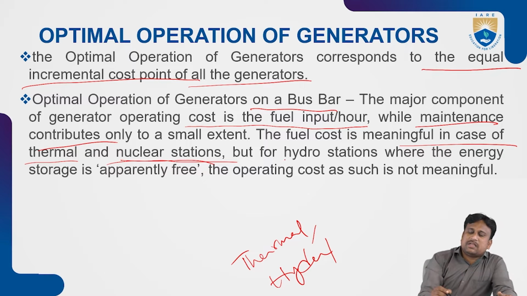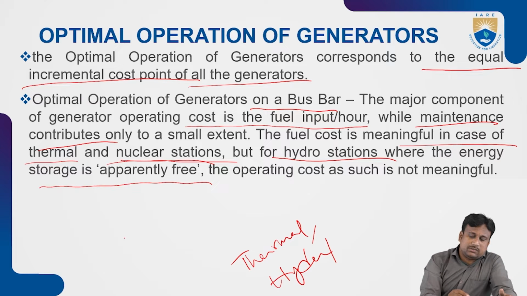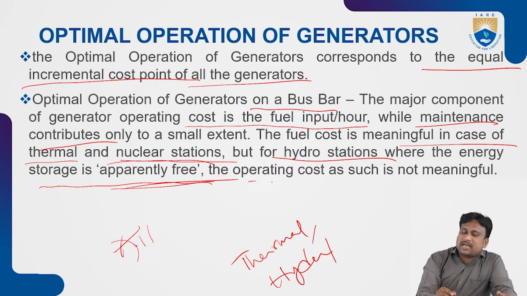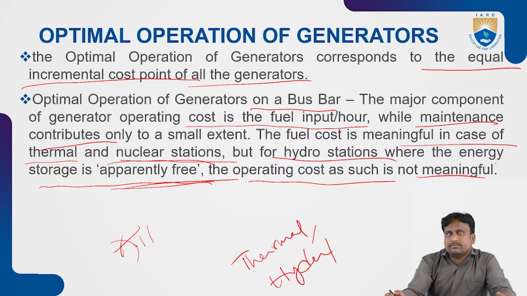In hydro stations, energy storage is apparently free. Even though it is free, it cannot be available at all instances. All the time we cannot expect the availability of water storage. So the operating cost is not meaningful there.